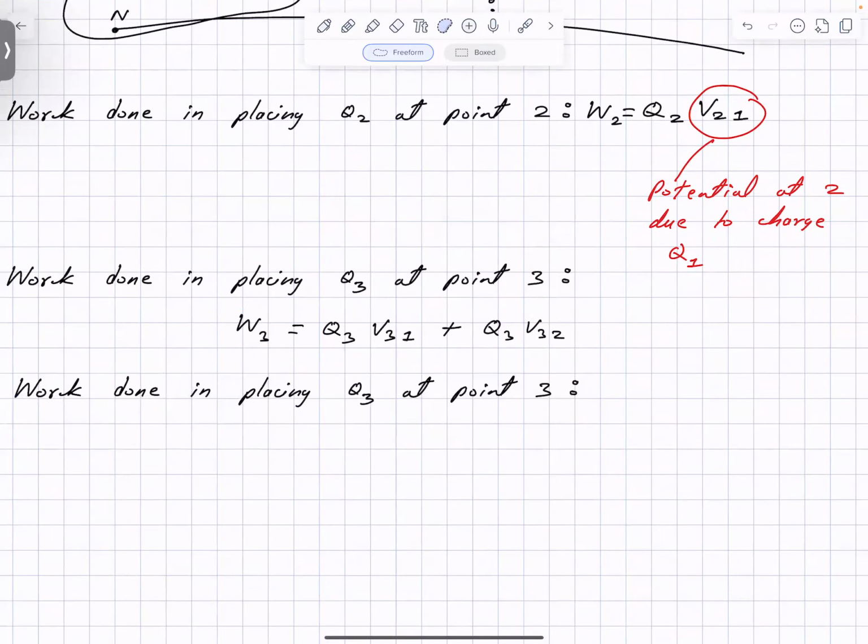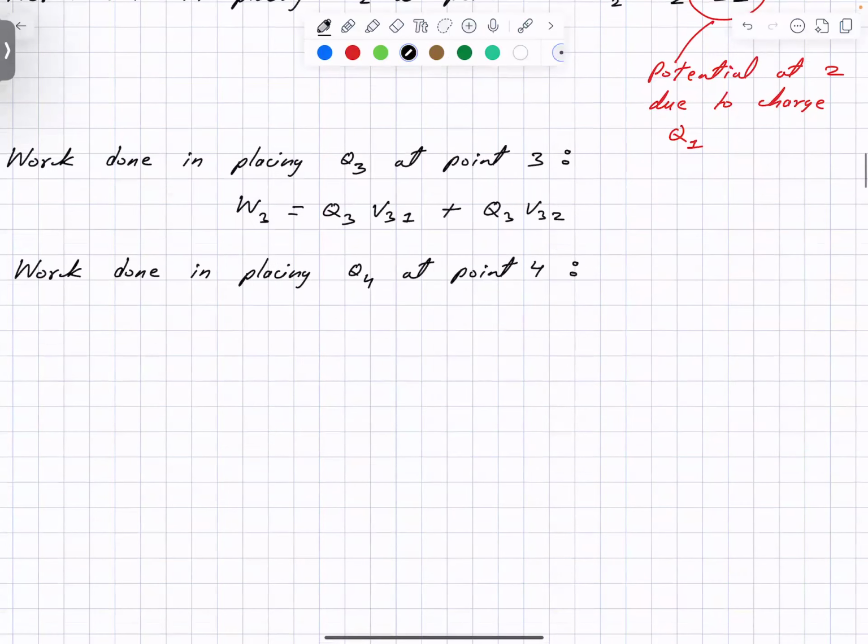Now, if we consider charge 4, work done in placing Q4 at point 4, that will be equal to Q4 V41. This is due to the charge at 1.